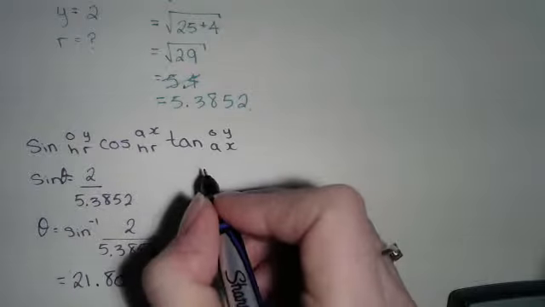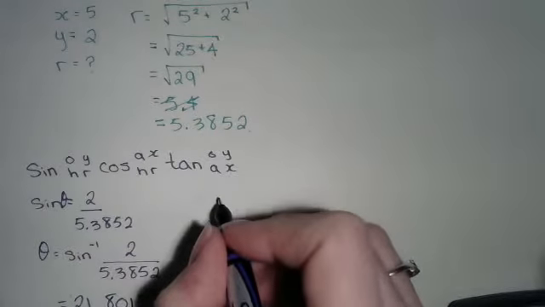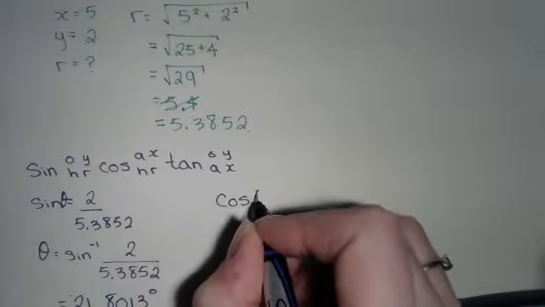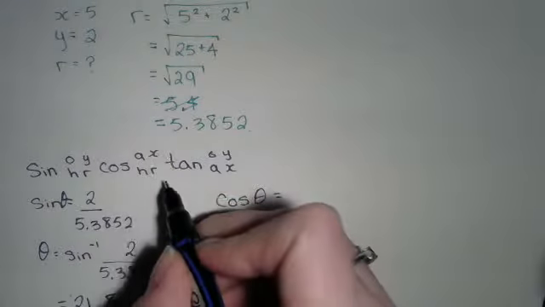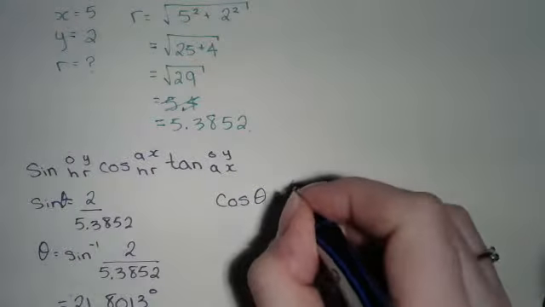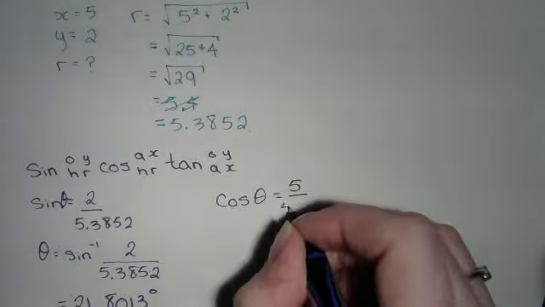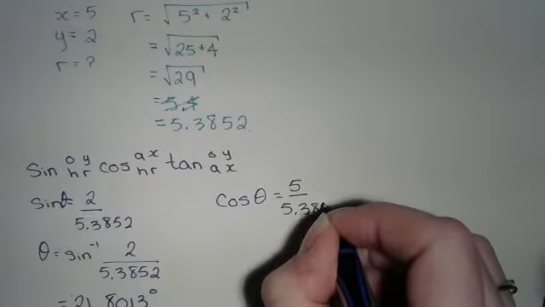Cosine and tangent work exactly the same way. Cosine of the angle is equal to x over r. My x value is 5, r is 5.3852.